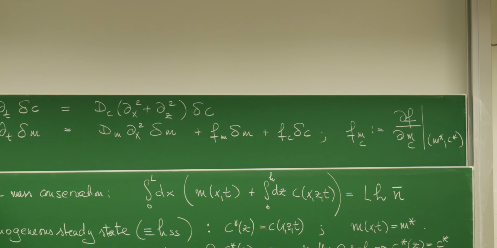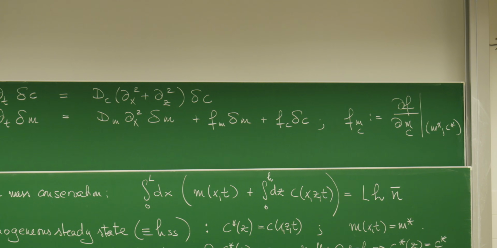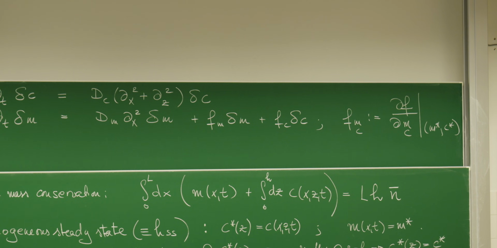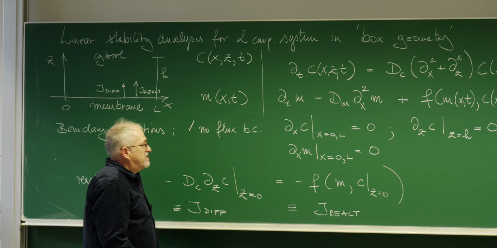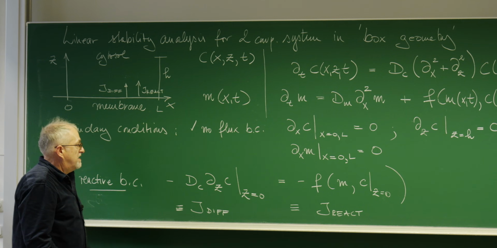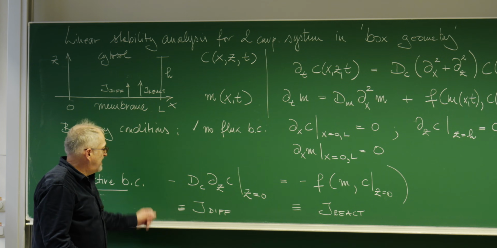For the boundary conditions that are no flux boundary conditions, I don't need to worry because, well, they're just the same. Nothing really changes. The m stars and c stars cancel.